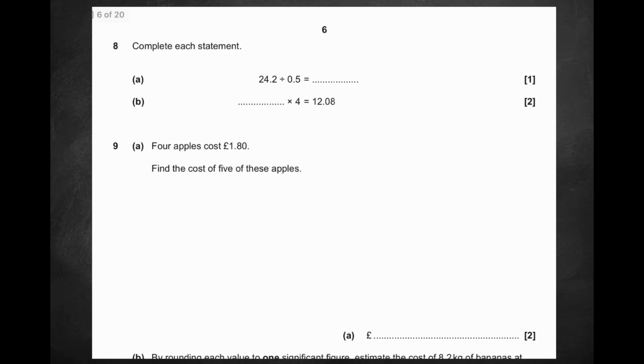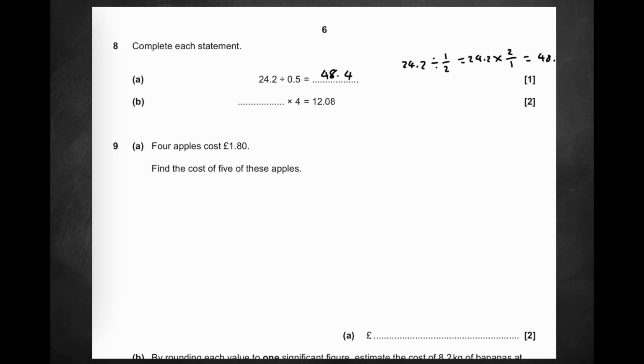Question number 8. Complete each statement. 24.2 divided by 0.5 equals, so 24.2 divided by a half is the same as 24.2 times 2 over 1, as we're flipping it, similar to how we did earlier, and that's just 48.4.